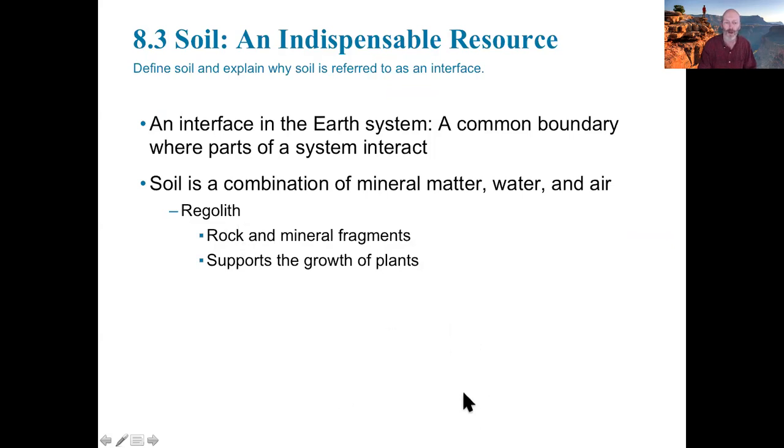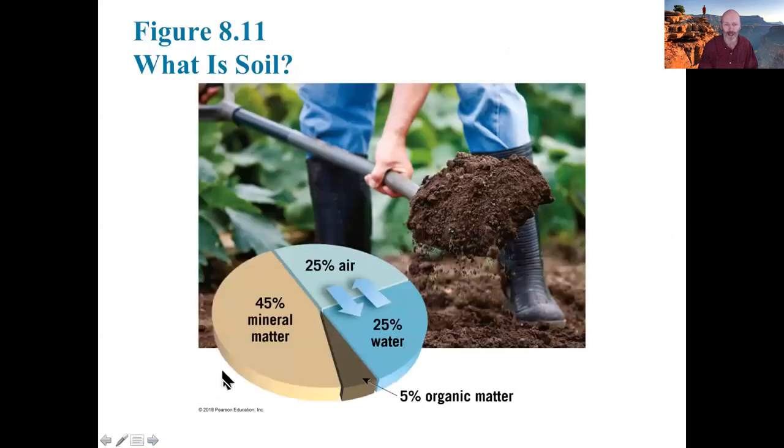If you follow the probes that we send to asteroids and other planets, quite frequently they are picking up regolith. They're picking up the rocks and minerals and other things that are on the surface of the planet or the surface of the asteroid. These actually help support the growth of plants. So we do need minerals for our own body, so plants tend to need that as well.